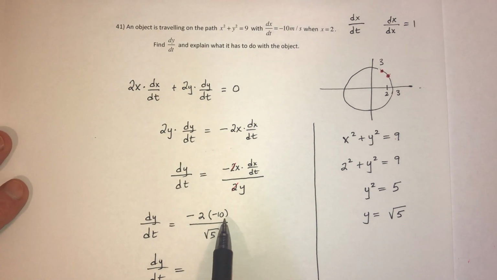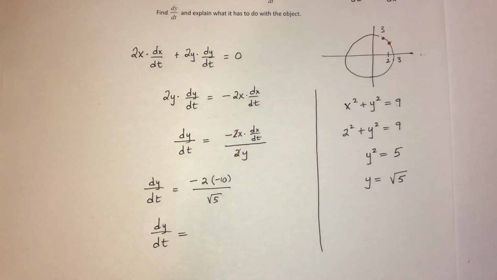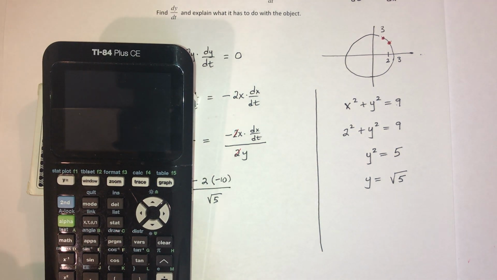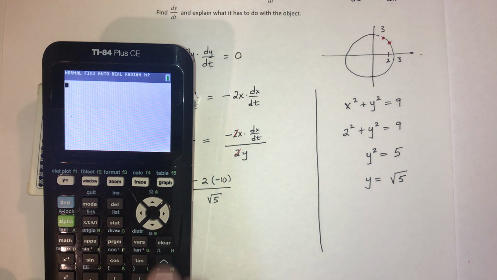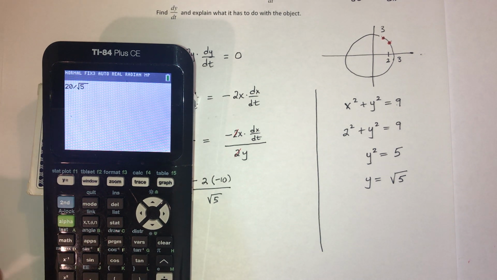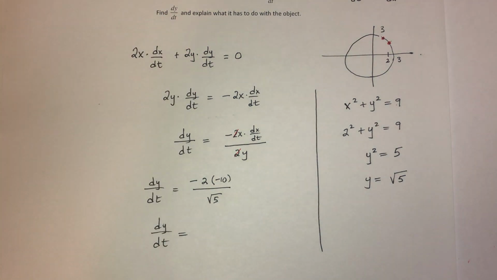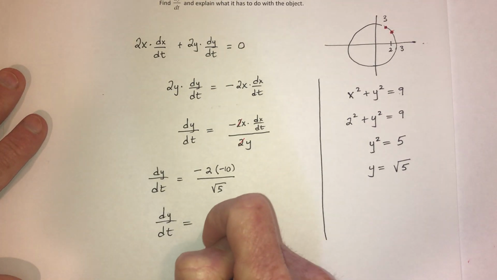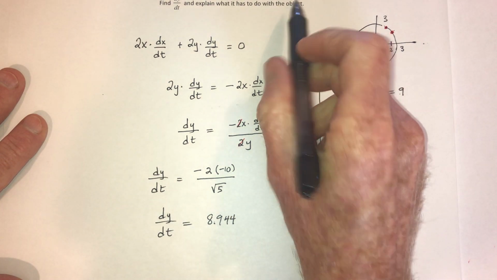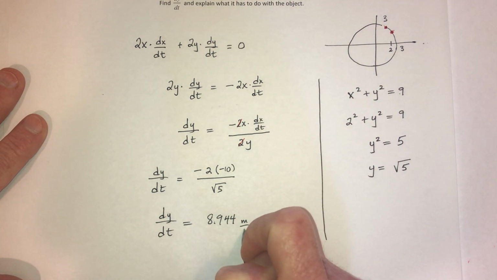So this is going to be a positive 20 divided by the square root of 5. A positive 20 divided by the square root of 5 is 8.944. So a positive 8.944, and the units would be in meters per second.